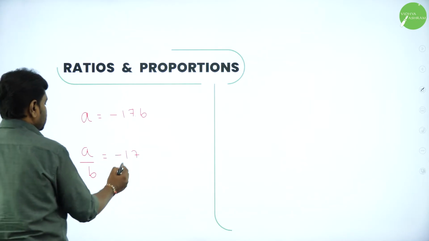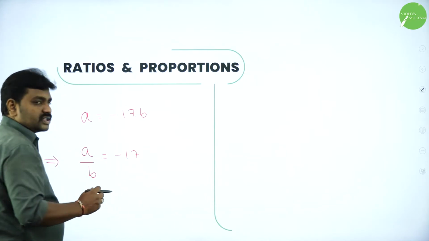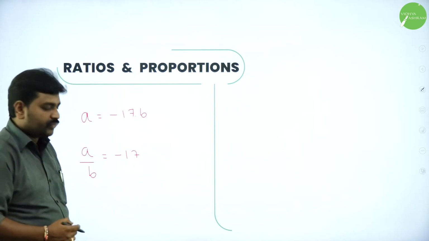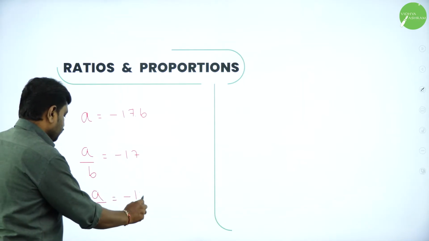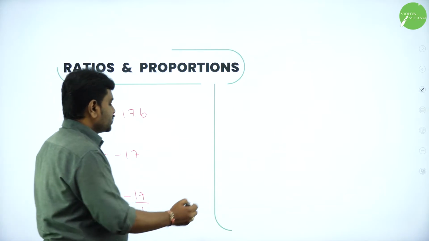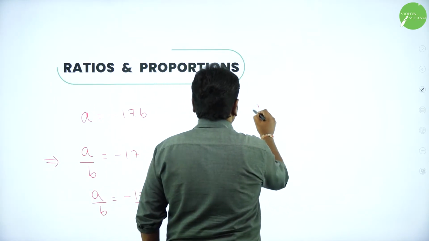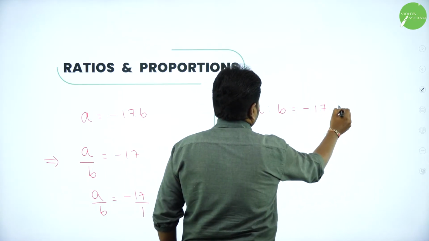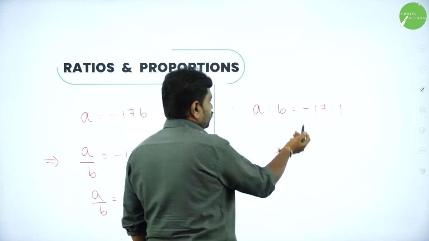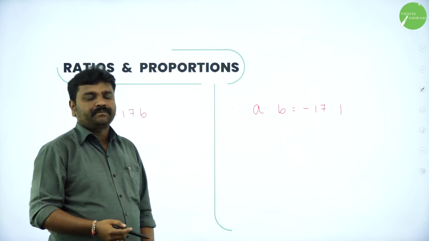I can write minus 17 as minus 17 is to 1. So a by b is equal to minus 17 by 1. So therefore, what is the conclusion? A is to b is minus 17 is to 1. So they want the ratio minus 17 by 1.